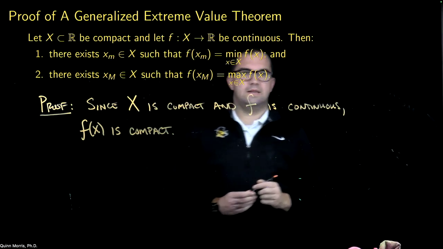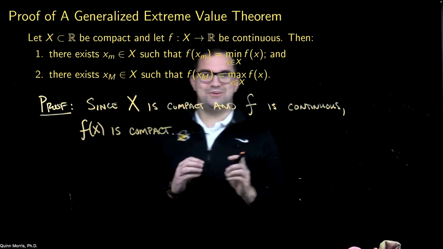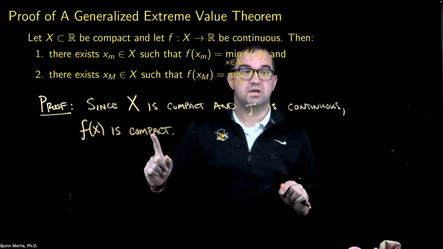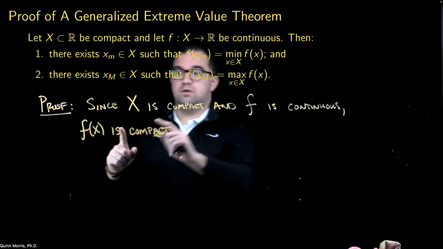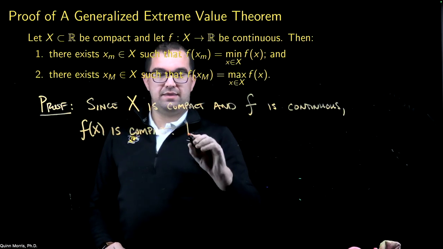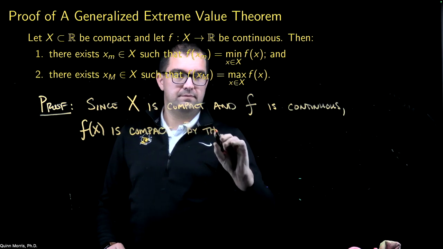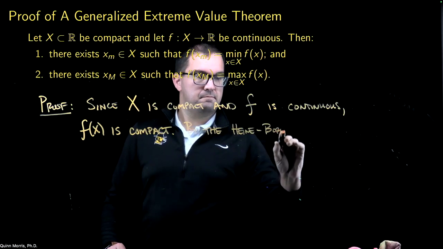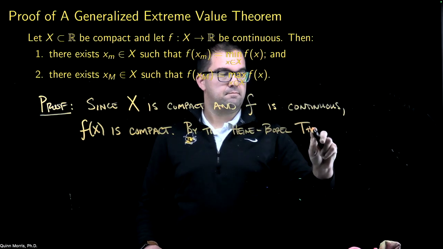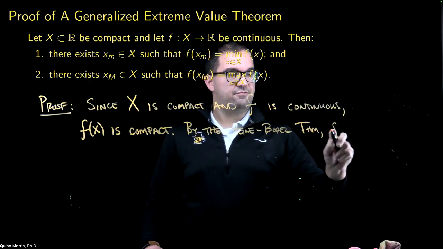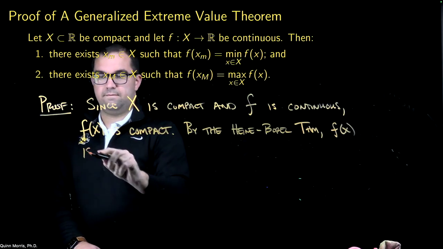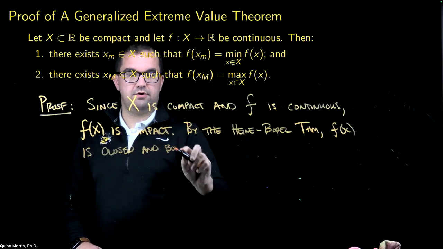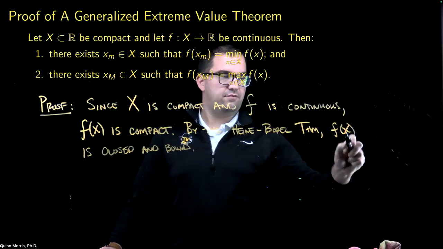Now, what does that mean? This is where we're going to use the fact that we're mapping into R. So f of X is a compact subset of R. That means, by the Heine-Borel theorem, that f of X is closed and bounded.